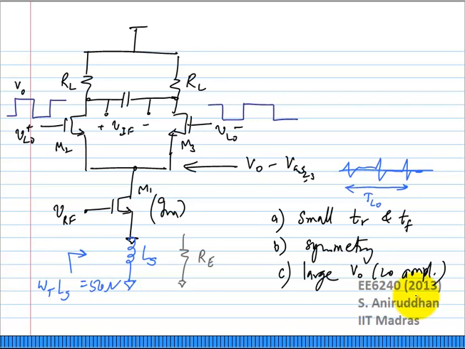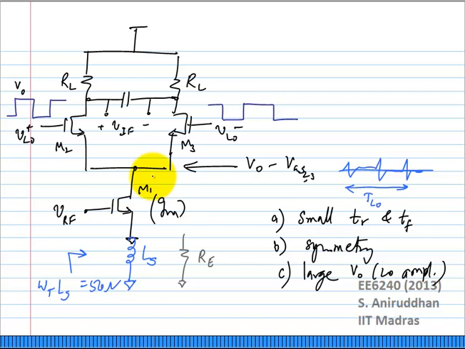Look at it this way. Let us say M2 was on and M3 was off. All of the current is flowing through M2. But if the output swings low enough such that M2 goes into triode, there will be linearity concerns for M1, as well as concerns about other aspects of the circuit which we will not get into right now.